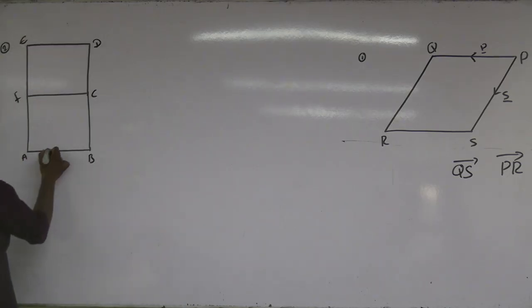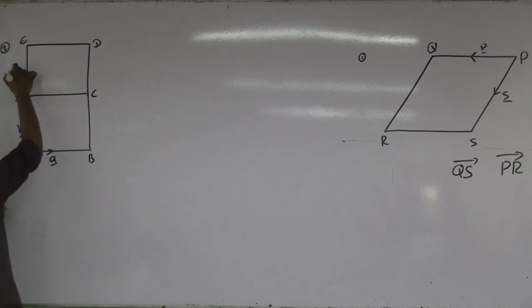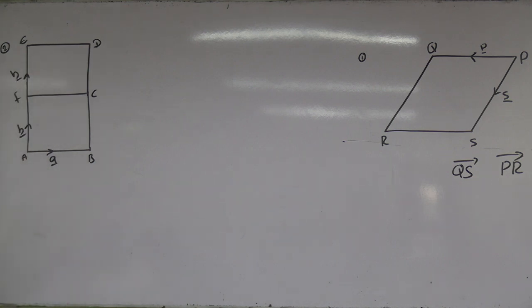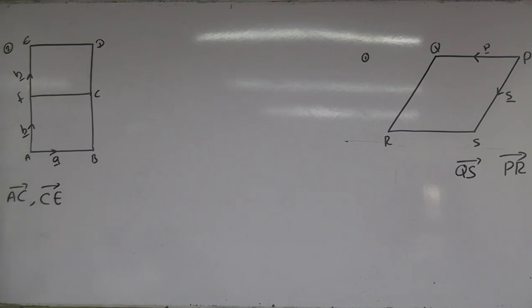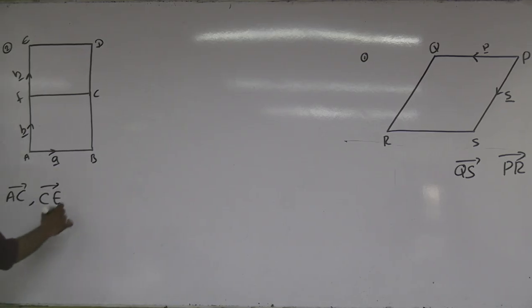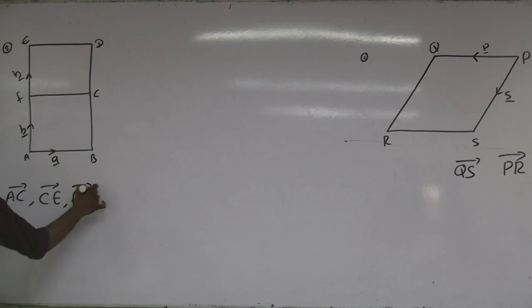And here they have given this is simple A and this is simple B and this vector is simple B. That's all they have. Now you should find the vector AC and CE. Find the vectors AC, CE, FD, AD and EB.